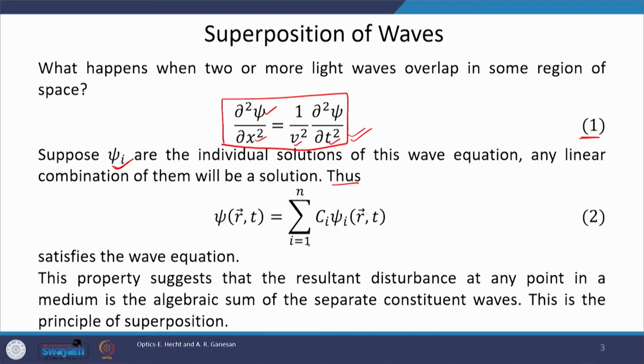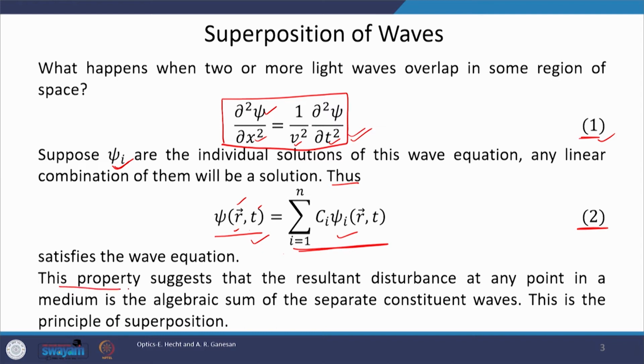Now the linear combination of all these solutions, the psi i's, is represented by wave function psi, which is a function of space and time, as you can see here, and this linear combination is represented by equation number 2. Since the psi i's are solutions of wave equation 1, the linear combination will also constitute a solution of wave equation 1, and therefore equation number 2, that is psi, will also satisfy equation number 1.